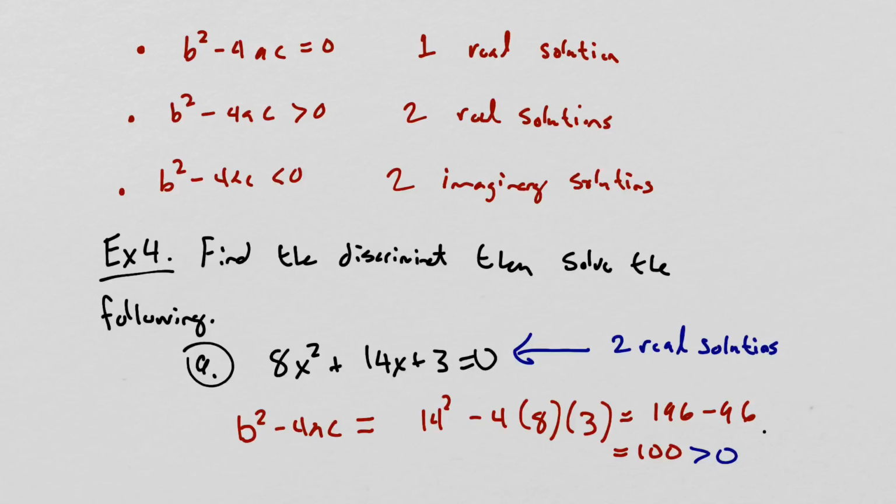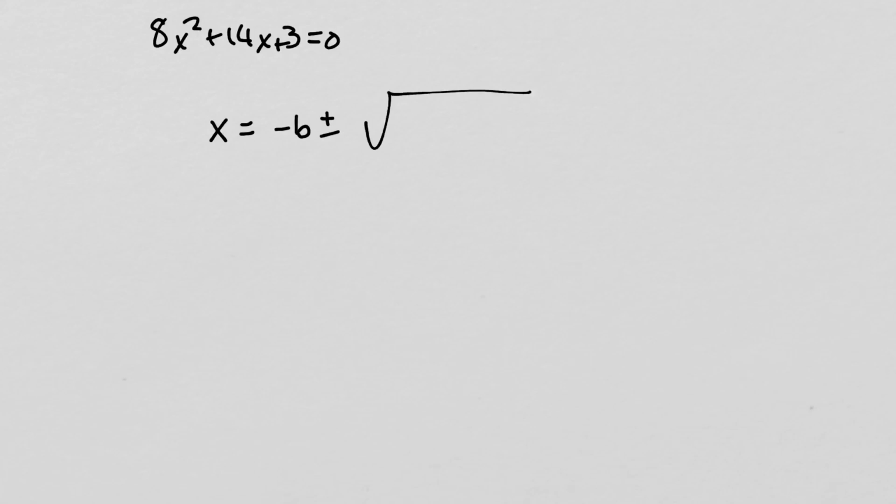Let's go ahead and solve this now. Rewriting our quadratic, we have 8x squared plus 14x plus 3 is equal to 0. The quadratic formula tells us that this is going to be solved by x is equal to negative b plus or minus the square root of our discriminant, divided by 2a.